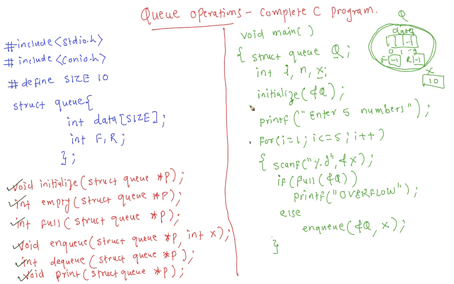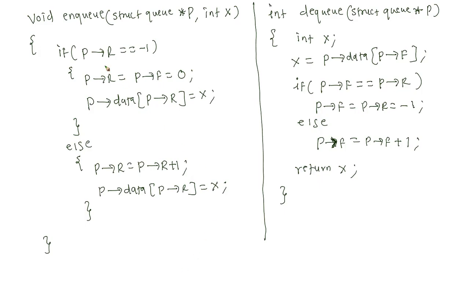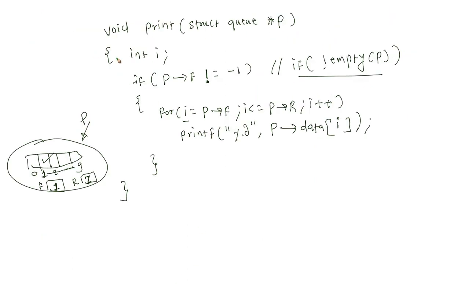We initialize the queue, we perform some enqueue operations, then we perform a dequeue operation, and then we print the queue. So this is initialize, empty, full, enqueue, dequeue, and finally print.